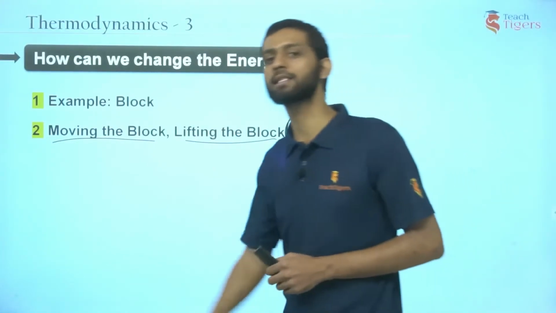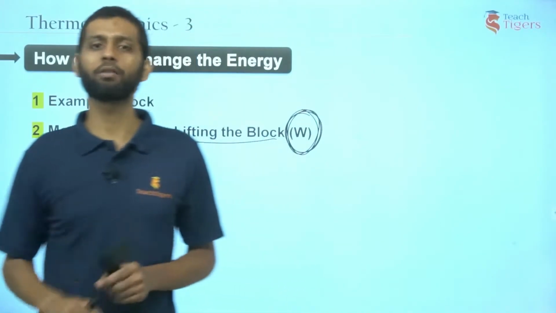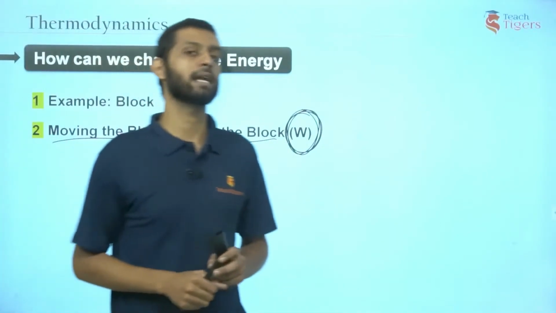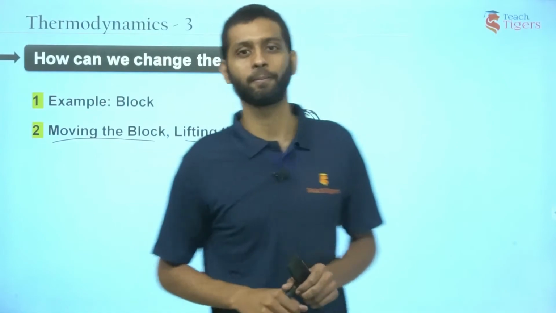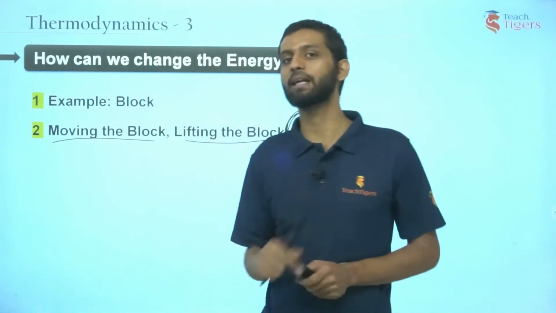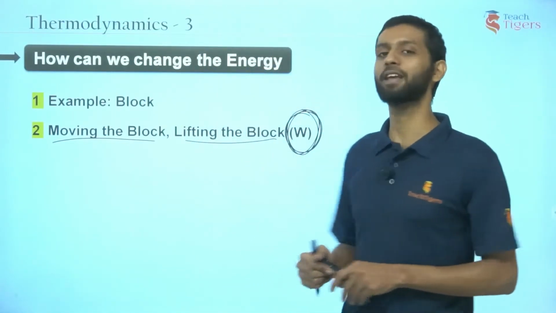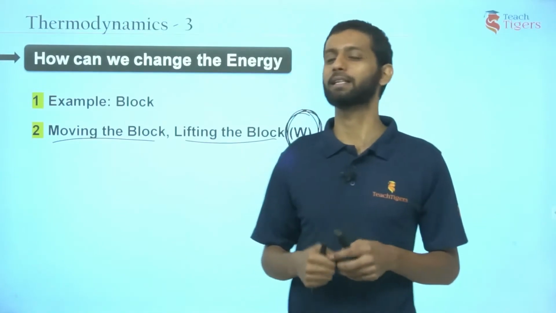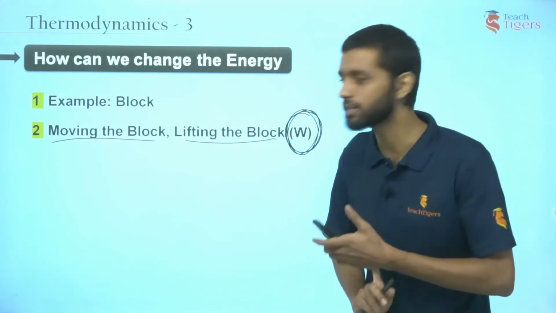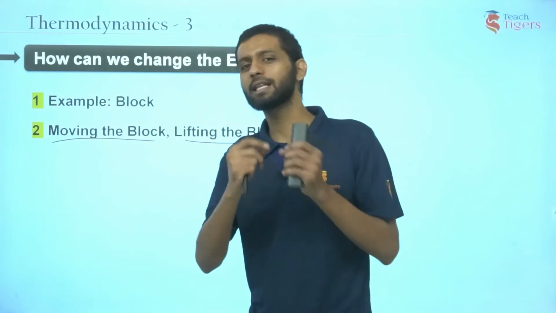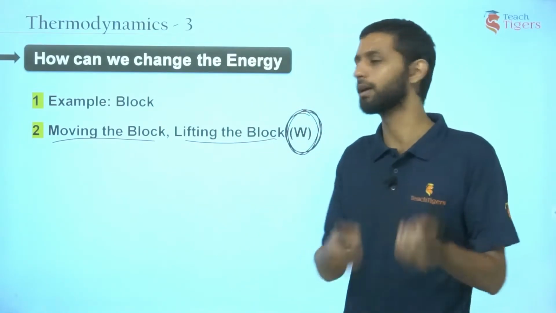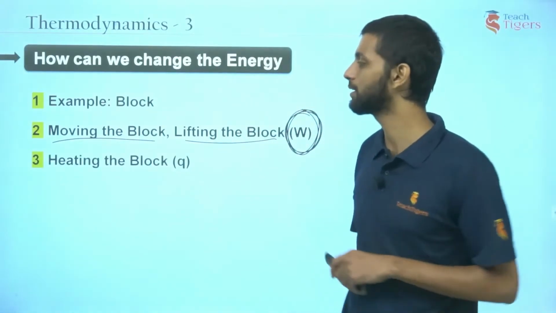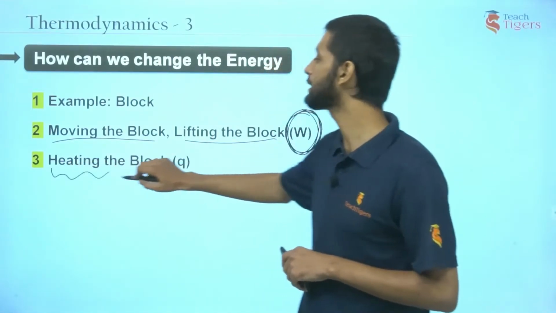Now, how else can I change the energy of this block? If you have been paying attention, in thermodynamics, we have been talking so much about heat, about temperature. It's in the name, thermodynamics, thermal effects. So the next step that we can do is we can heat the block.